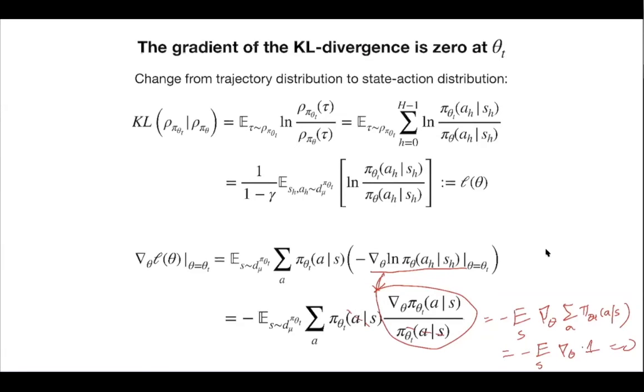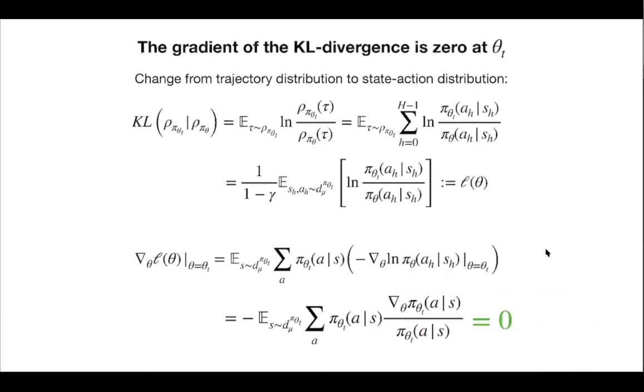So essentially we do the chain rule, cancel these two terms, and push the gradient expression outside of the summation. Then you realize you're just taking the gradient of a constant term, 1, and the gradient of a constant is 0. So you get 0. In other words, we just proved this fact. Everything is equality, with no approximation and no inequality.